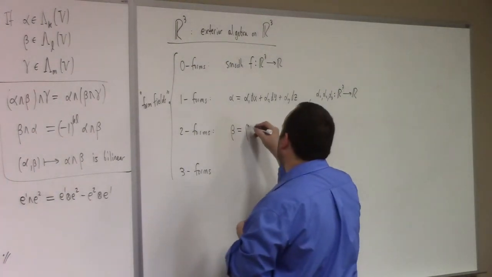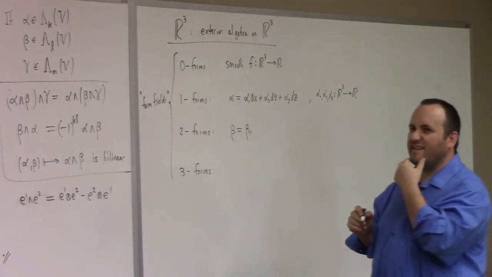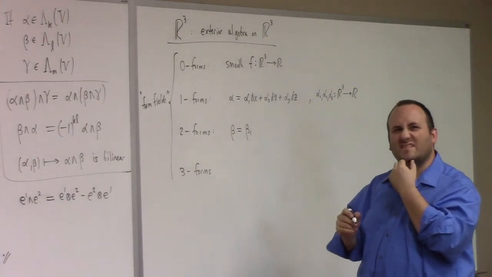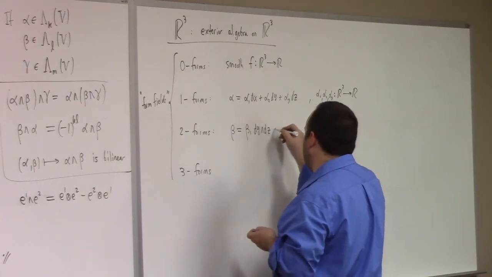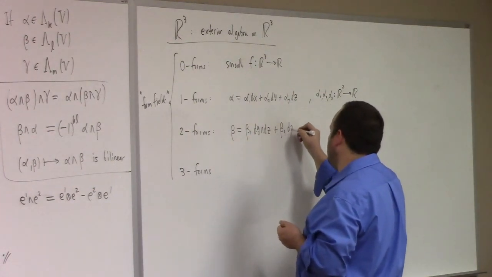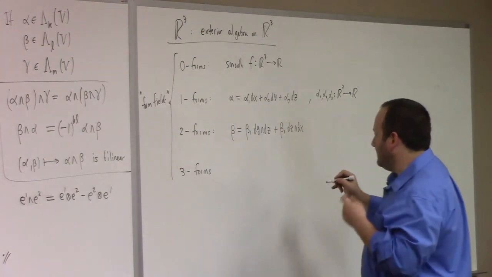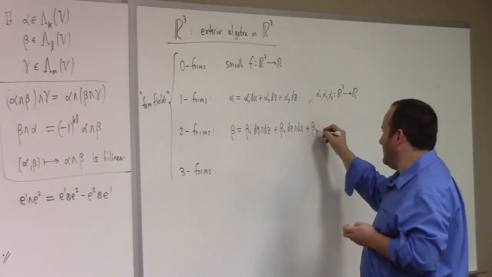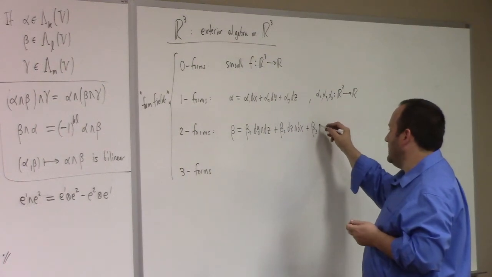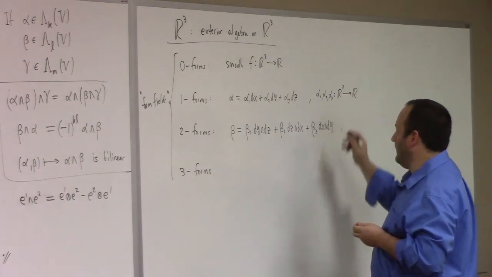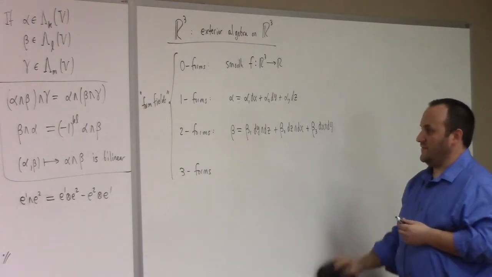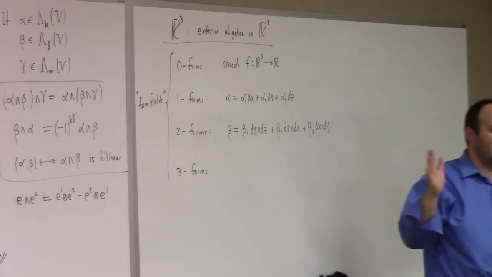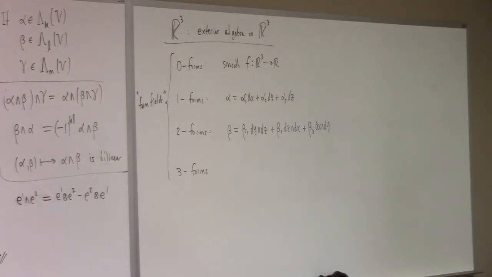We will say beta 1, and I would prefer to use the basis dy wedge dz, plus beta 2 dz wedge dx plus beta 3 dx wedge dy. All right, and I need to erase this. It's in my way. All of alpha 1, alpha 2, alpha 3, beta 1, beta 2, beta 3 are all smooth functions on R3, okay?